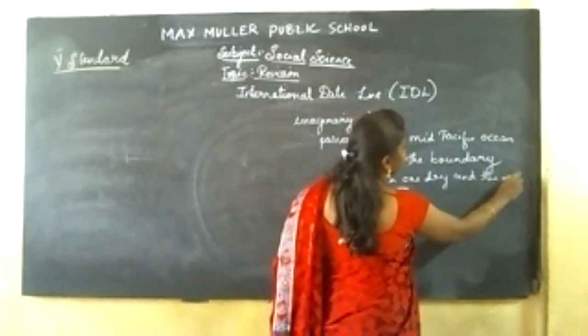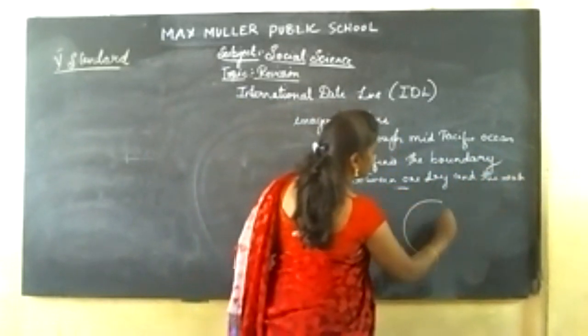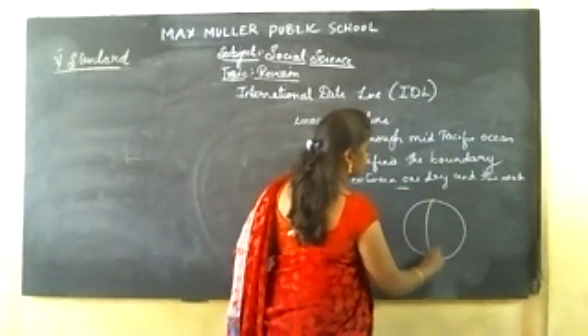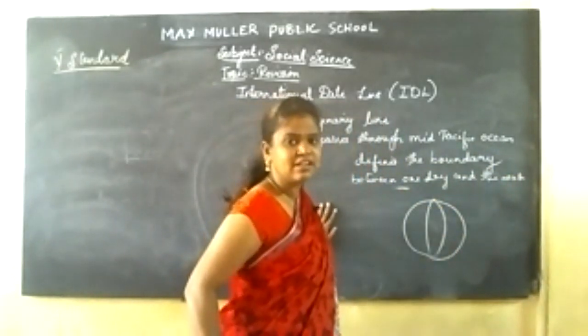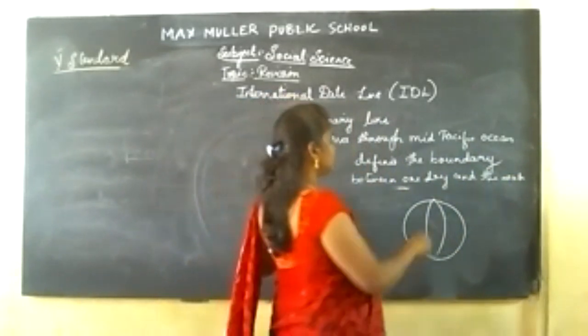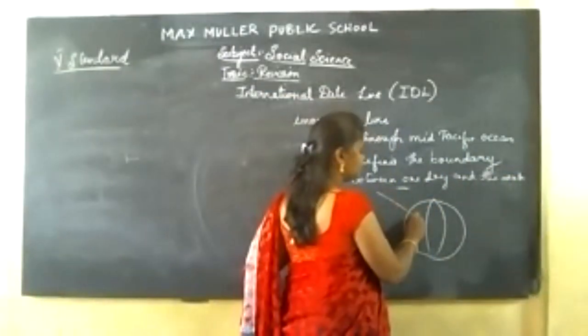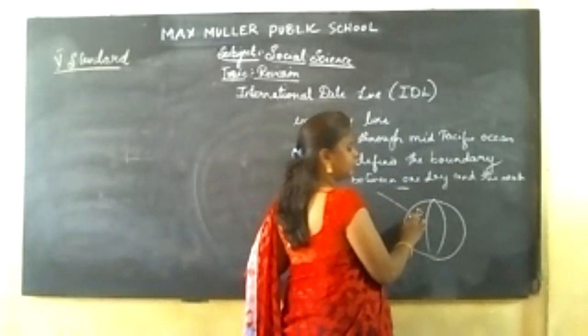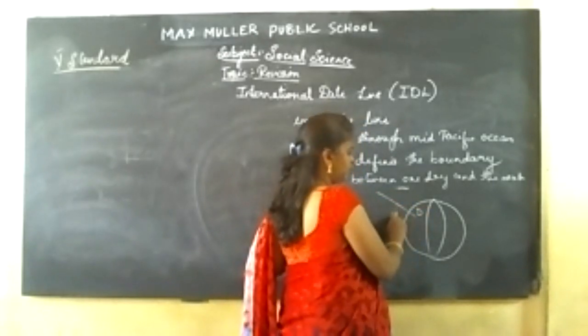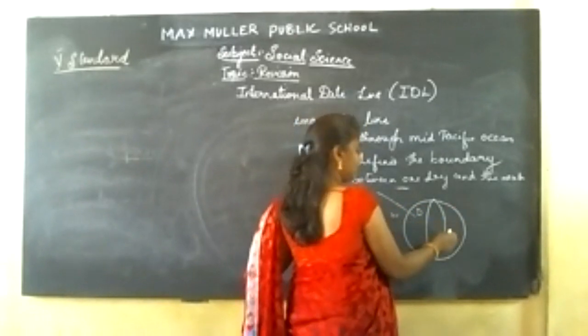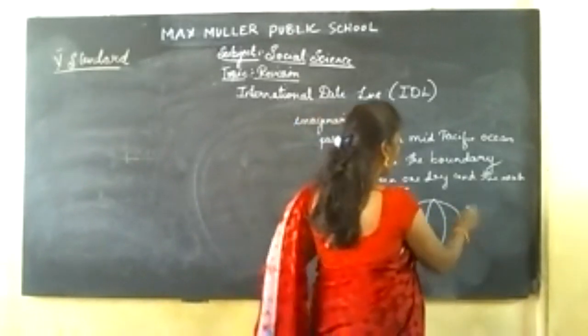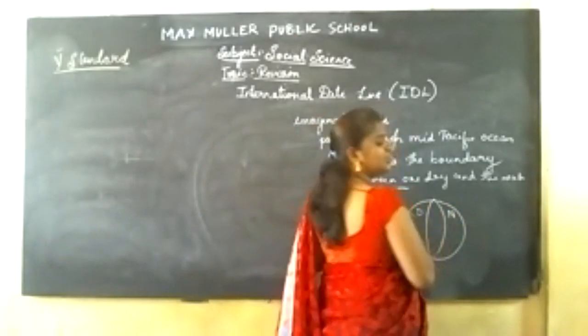Example, now we are just taking the Earth, and these are the longitudes which meet at the poles, the North and South Pole. When the sunrise falls over here, it will be day. In the west it will be day, whereas when there is no sunrise falling on the other side, it becomes night.